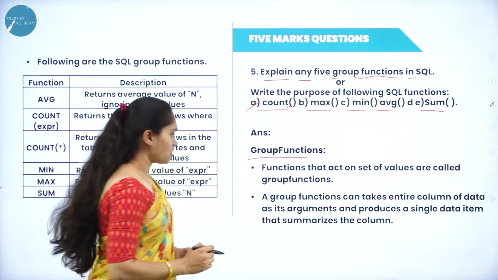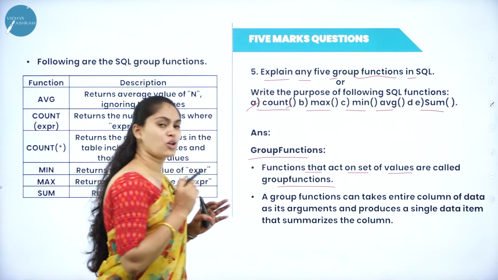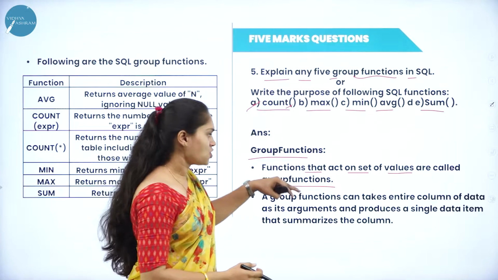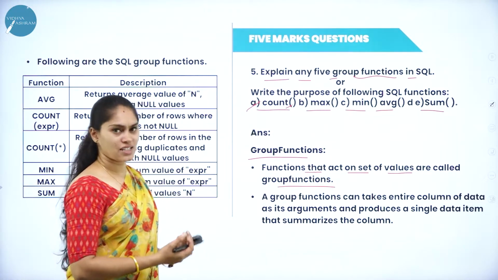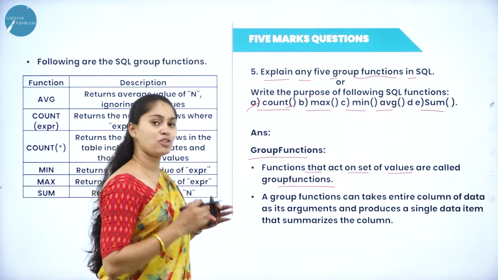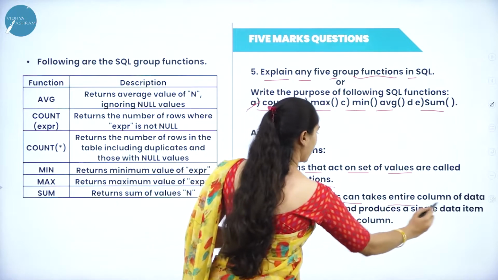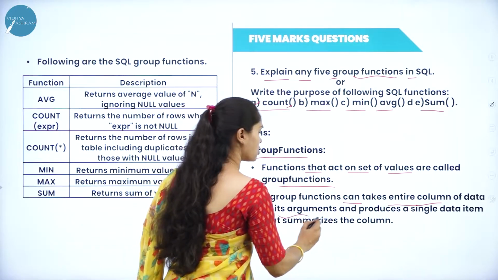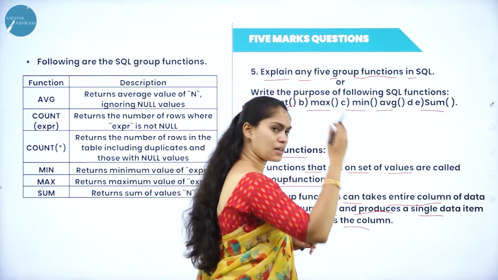Functions that act on a set of values are called group functions. A group function takes an entire column of data as its argument and produces a single data item that summarizes the complete column.